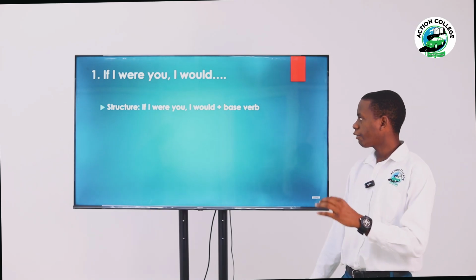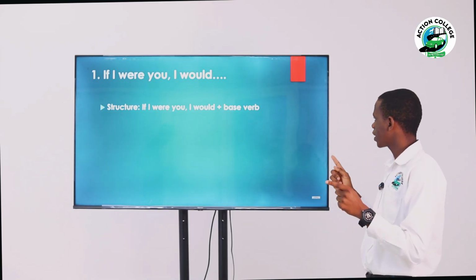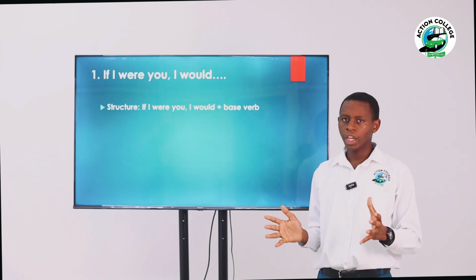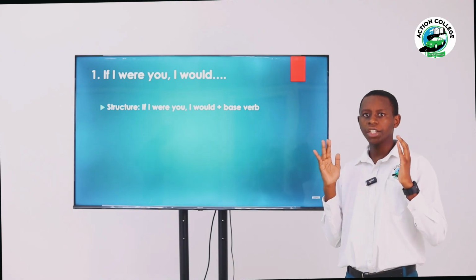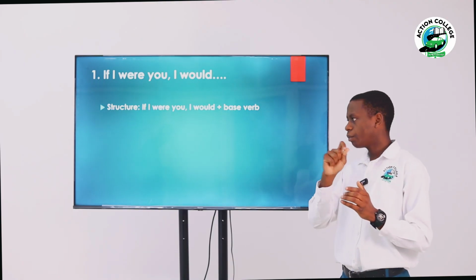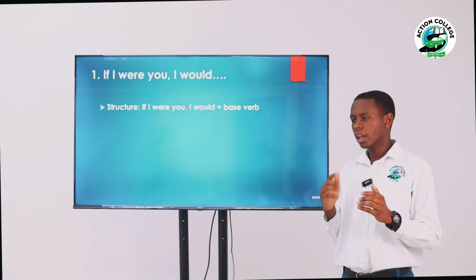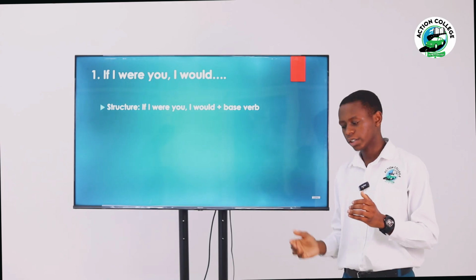First, if I were you, I would plus base verb. You can use the base verb or infinitive. In English, we know that we have infinitives that are verbs that start with to, but here we are not going to use to. You remove to and you add that verb. For example, verb to talk, you remove to and say talk.